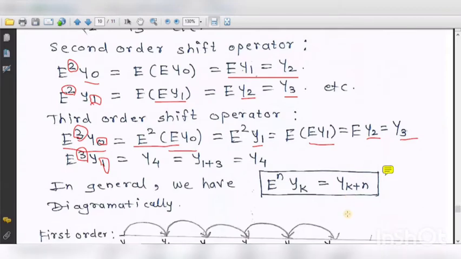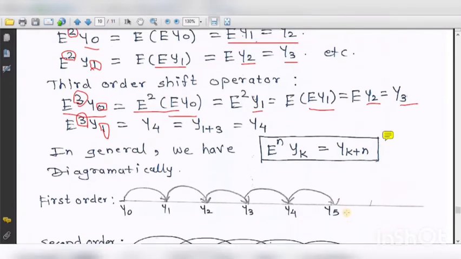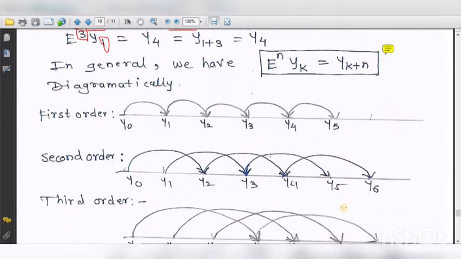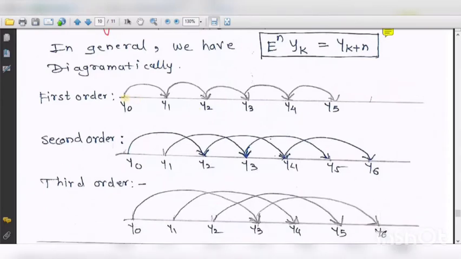Let us see the diagrammatical representation for this. Look here. This is the first order shift operator. These are values of y at equidistant values of x: y0, y1, y2, y3, y4, y5, and so on. When we consider the first order shift operator, if you consider E of y0, then it is shifted to y1.